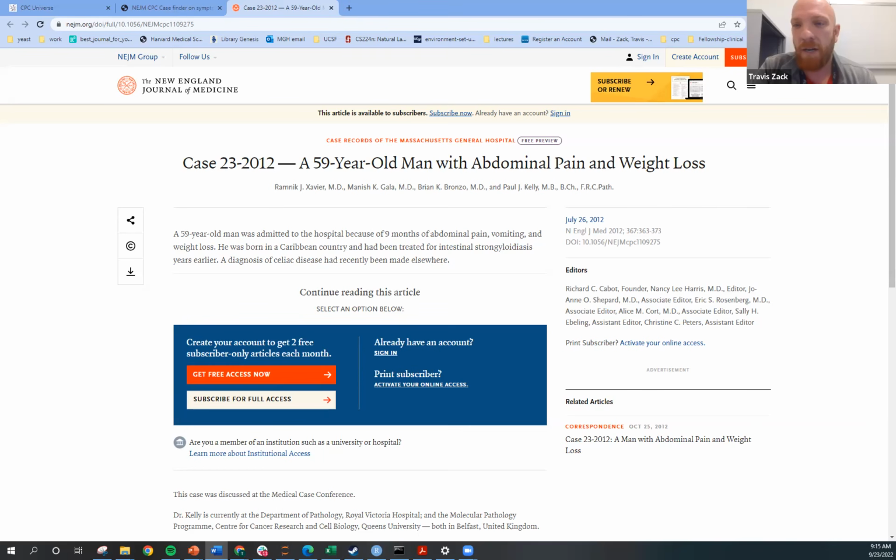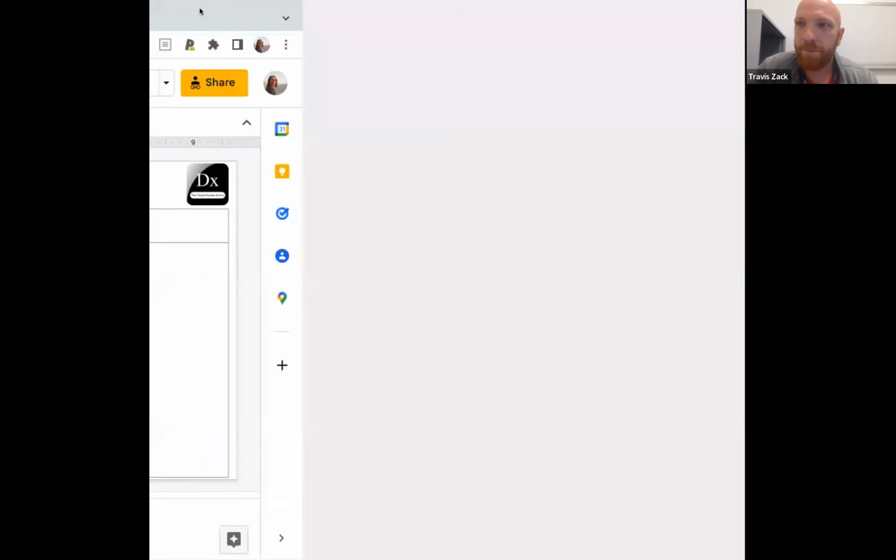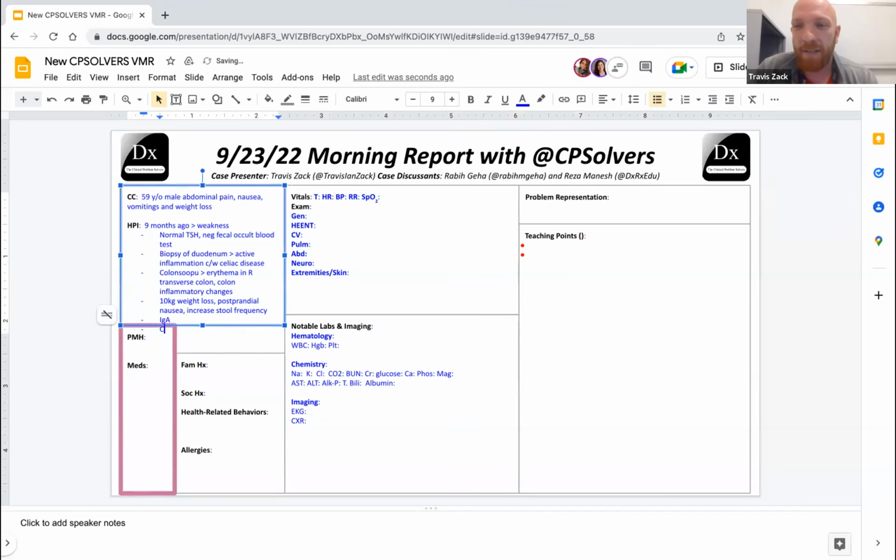His IgA antibody to endomysial antigen was negative. His IgA antibodies to tissue transglutaminase were also negative. His other labs were mostly in the normal range, and we can go over them if you feel it'd be helpful. His CT didn't show any obvious abnormalities. The patient was again diagnosed with celiac disease and sent home on a gluten-free diet.